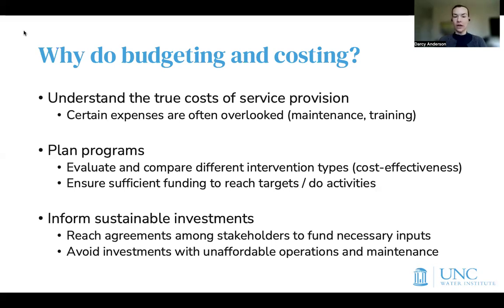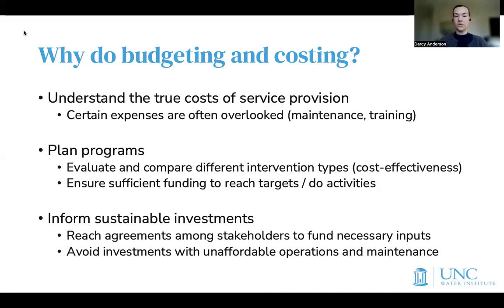We can evaluate and compare the different interventions through things like cost effectiveness studies. And we can ensure that there's sufficient funding to reach targets either laid out in policies or to do program activities that are planned if we know how much those things are going to cost. And then finally, budgeting and costing help inform sustainable investments.